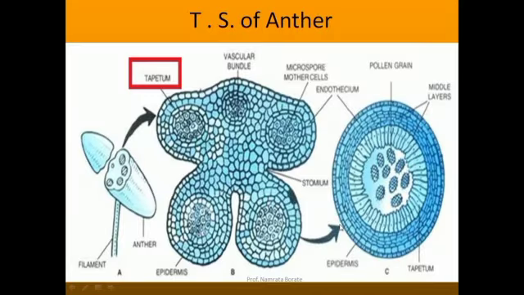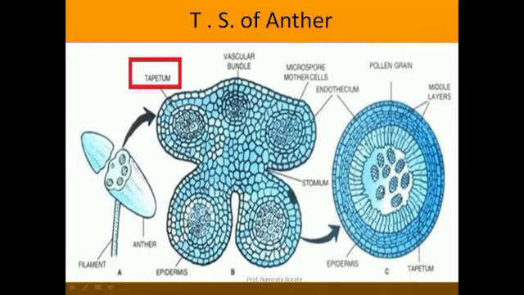You can see the four anther wall layers: epidermis, second endothecium, third the middle layer, next the tapetum, and the innermost one, the sporogenous tissue, which develops the pollen grain or the microspore.